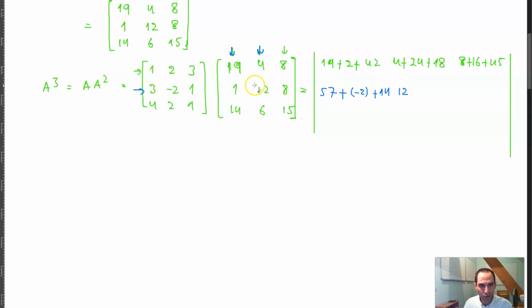And negative 2 times 12 is equal to negative 24. And 1 times 6 is equal to 6. Moving to this column, I have 3 times 8 is equal to 24, and negative 16 plus 15.